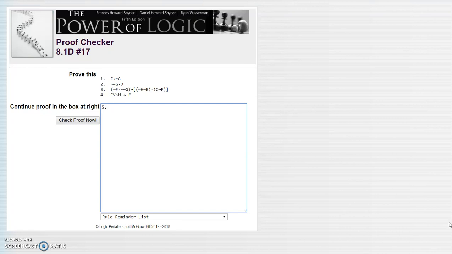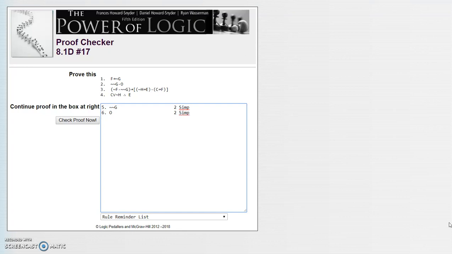We've got not G. We can take that out of the conjunction on line 2, by simplification. On line 6, we can take the O out. It's from the same line, and the same rule, by simplification.